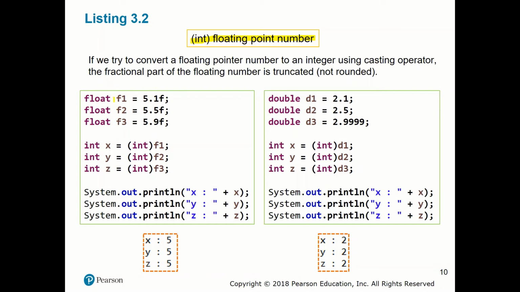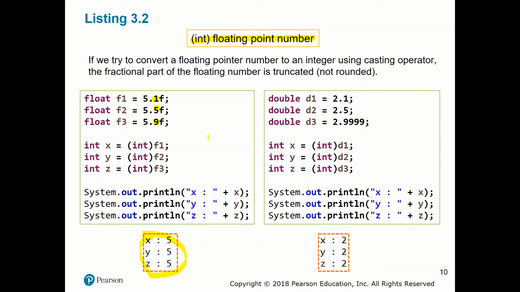Here I declare 3 floating point numbers. f1 is 5.1, f2 is 5.5, f3 is 5.9, and then I apply integer casting to all of these floating point numbers. And then I got the result like this. This means that if you apply integer casting to floating point numbers, the fractional parts, here 1 and here 5 and here 9, are all truncated.